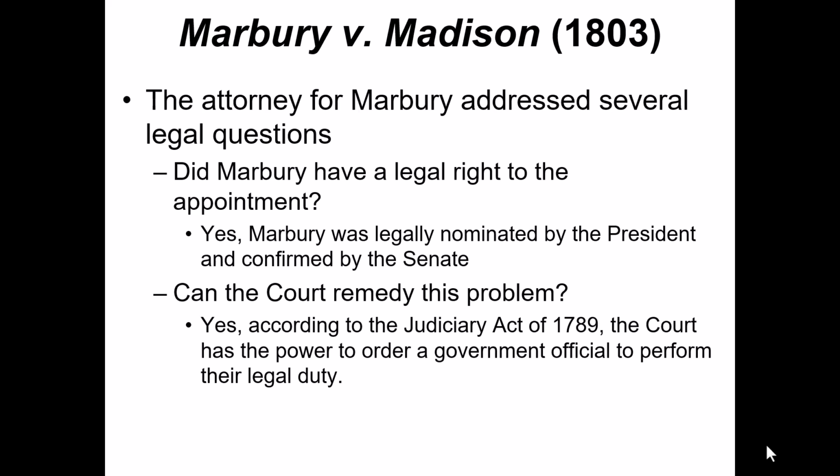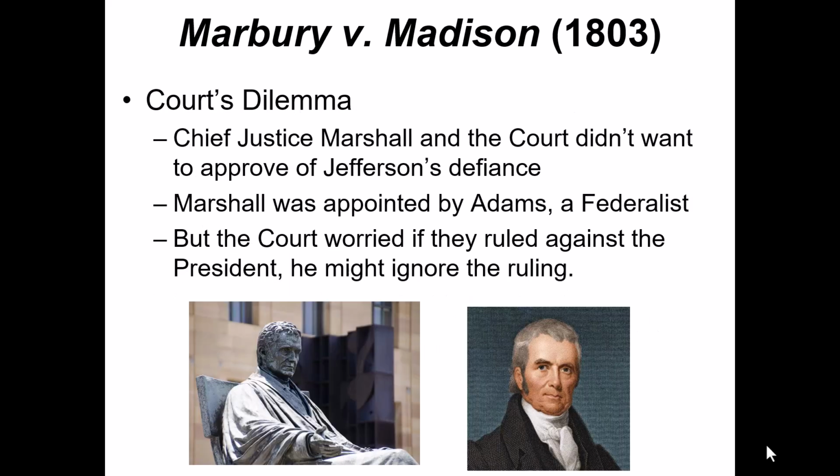And the other thing that the attorney addressed was, can the court correct this error? Yes, it had the power to do so because the Judiciary Act of 1789 gave the court the power to order these government officials to do their legal duty. But there was a dilemma.